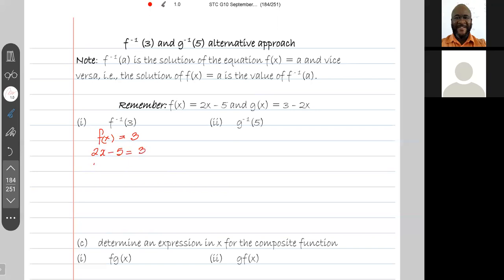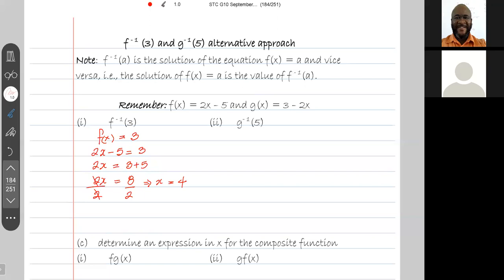So we have 2x is equal to 3 plus 5, and so 2x is equal to 8. I'm going to divide both sides by 2, and I get that x is equal to 4. So the solution of the equation f of x is equal to 3 is x is equal to 4.